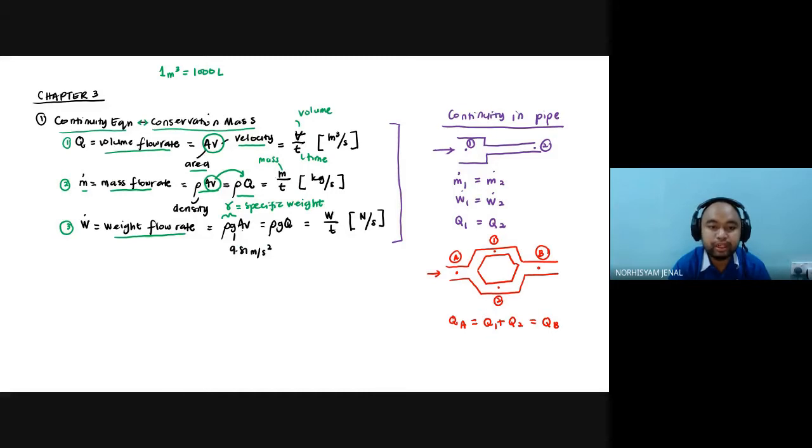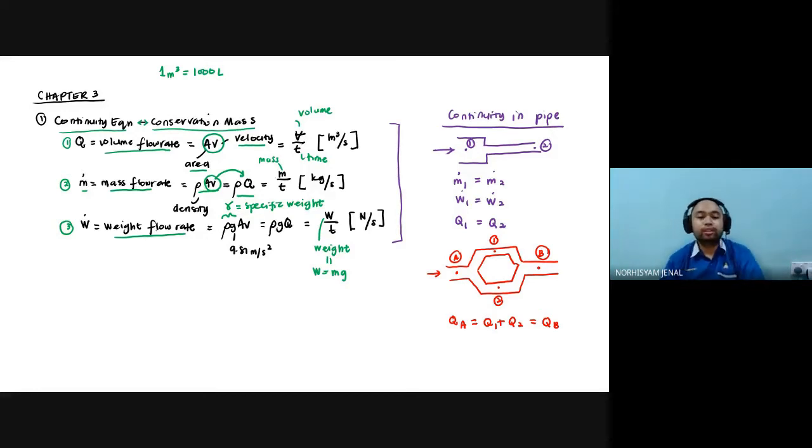AV is Q. It is also equal to weight divided by time because the unit over here is Newton per second. Weight can also be mass times G, right? So mass over here multiplied by G becomes weight, and then weight divided by time will be the weight flow rate.